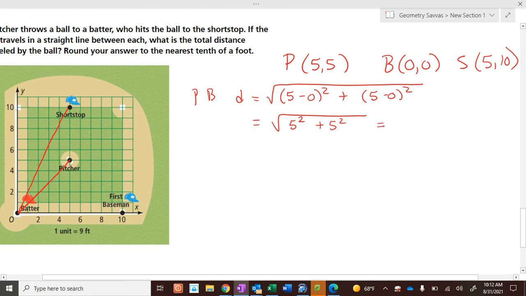What's 5 squared? 25 plus 25, take that and add them together. It's the square root of 50, which equals 7 point what?